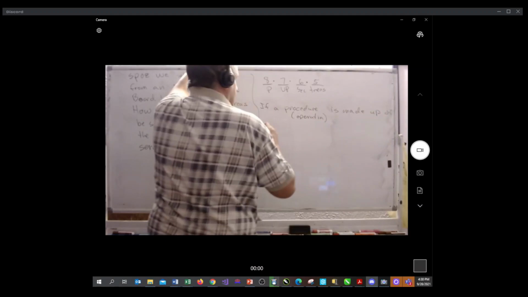Is made up of j steps. Step 1 can be performed in any of n sub 1 ways. Step 2 can be performed in n sub 2 ways, right?